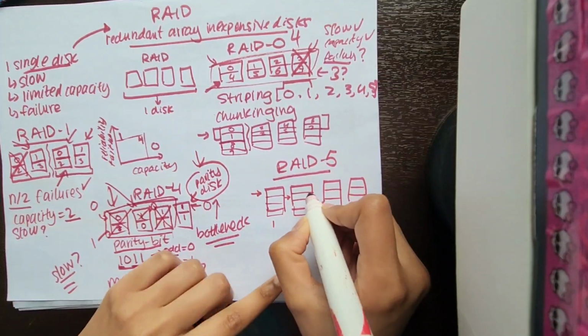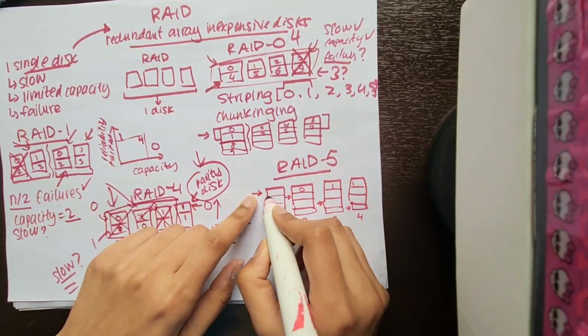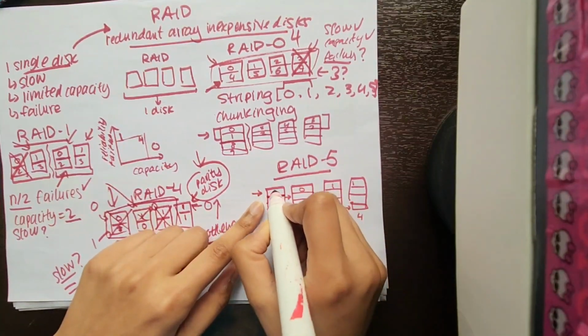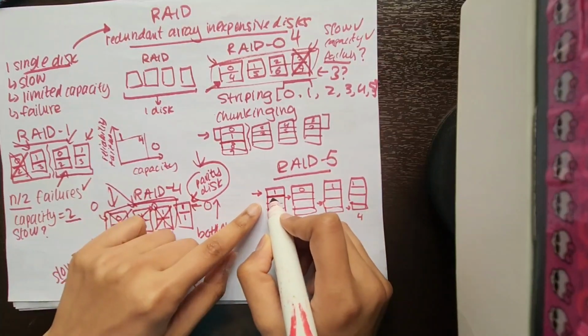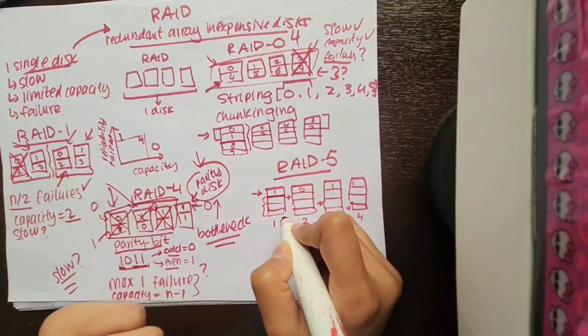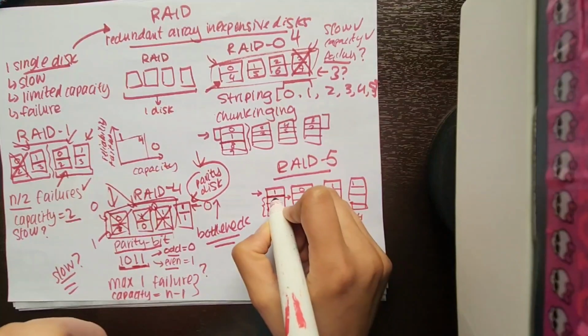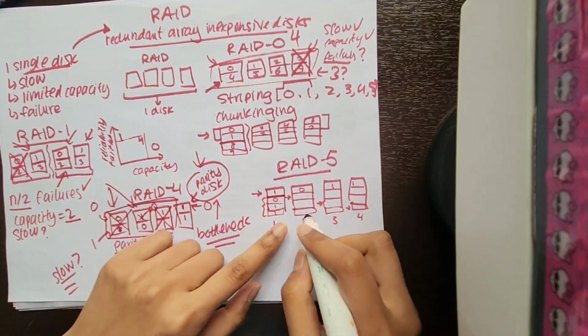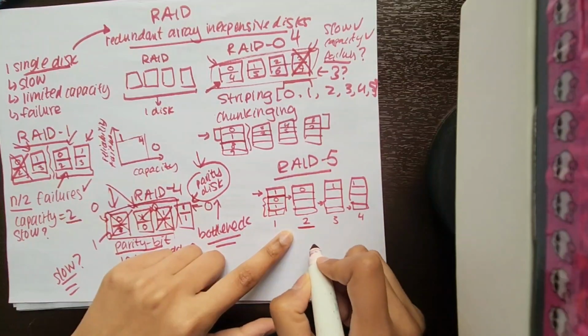So if the data here is 0, 1, 1, this disk will store the parity here as 1, right? Now, the rest of its rows can be allocated for storing data. So this can be like 0, 1, 0. And now the second row is this disk 2's turn, right?